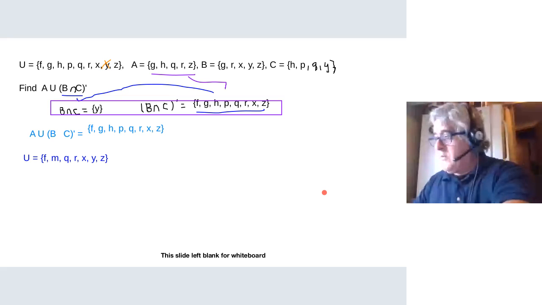Okay, so that's the universal set. B is fairly short, so this is good news.